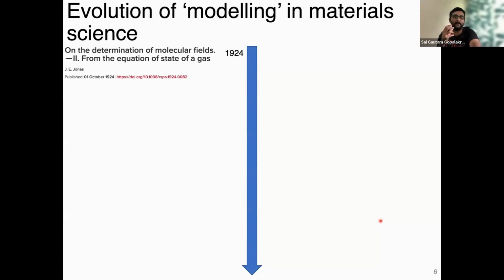It's a functional form of an interatomic potential. You typically use interatomic potentials to study materials behavior over large scales or long times. And Lennard-Jones came up with a very simple, easy to understand functional form by which you can usually model close-packed systems quite well. And this was done almost a century back in 1924. And this, I would say, started the field of modeling in materials.